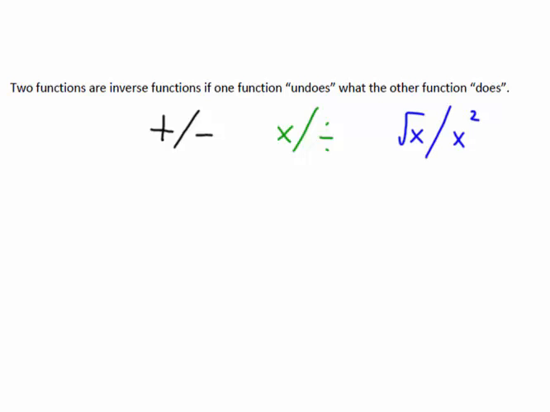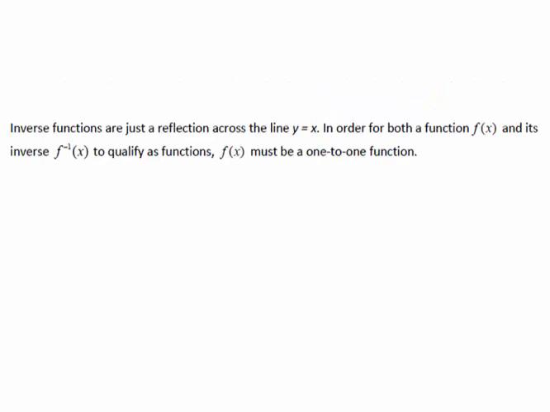Again, one undoes the other, inverse of each other. The inverse function, though, is really just a reflection across the line y equals x. And in order for a function and its inverse to qualify as functions, the original must be a one-to-one function. So we're going to bring in that one-to-one function test and use it in more detail.